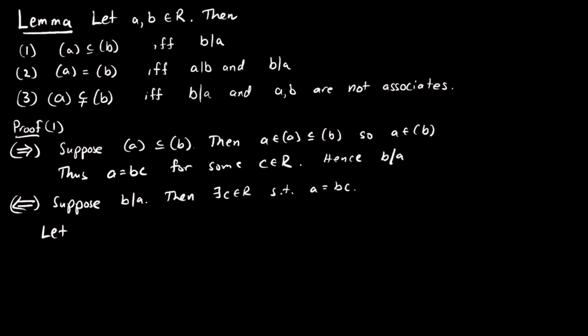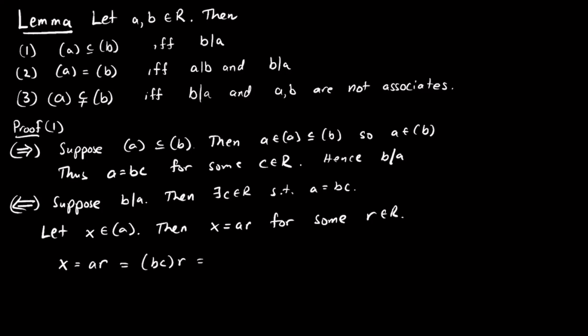Let X be an element of the ideal generated by A. Then X is equal to A times R for some ring element R. Well, what does that give me? I can now rewrite A as B times C, so this is BCR. Using associativity, this is B times CR, and I see I have an R multiple of B, so this is an element of the ideal generated by B. Hence, I've shown that the ideal generated by A is a subset of the ideal generated by B. So that finishes the first part of this lemma.